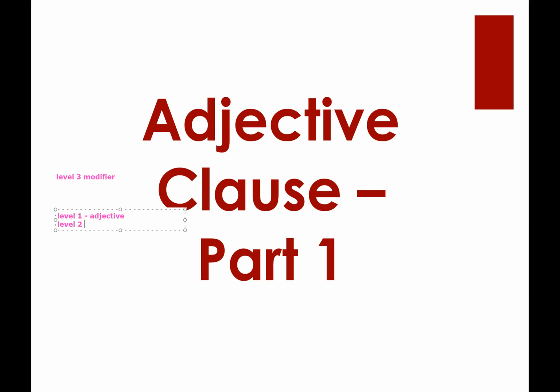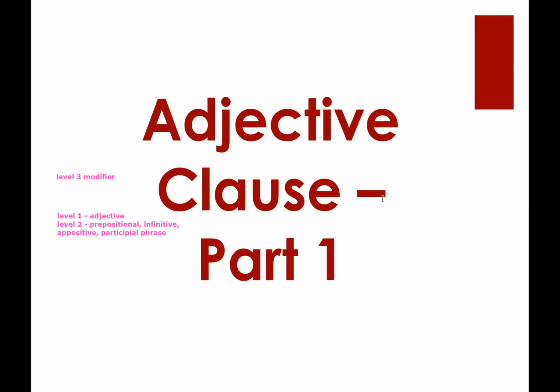Our level 2 would be a phrase that functions as an adjective, like a prepositional phrase, an infinitive phrase, an appositive, or a participle phrase. So today we are talking about our level 3 modifier, the adjective clause.